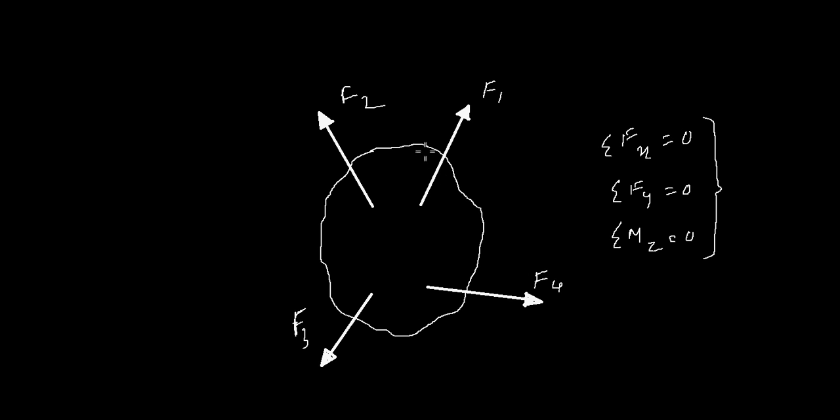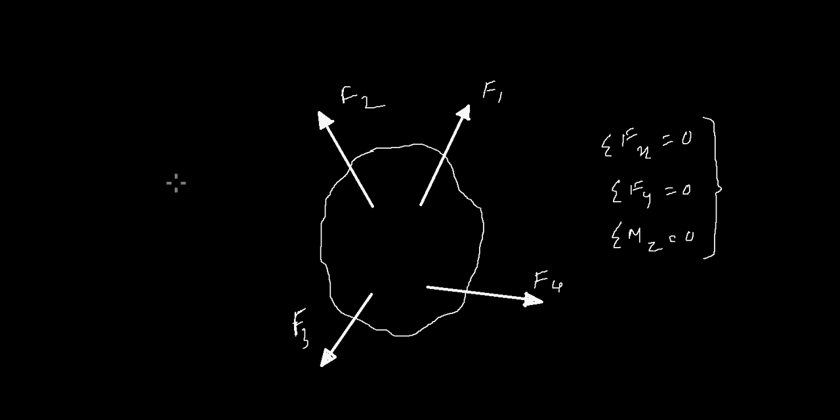Now, for analyzing the effect of the applied forces, we divide the body into two sections by an arbitrary plane, and we can select the arbitrary plane anywhere. This method is also called the method of sections.